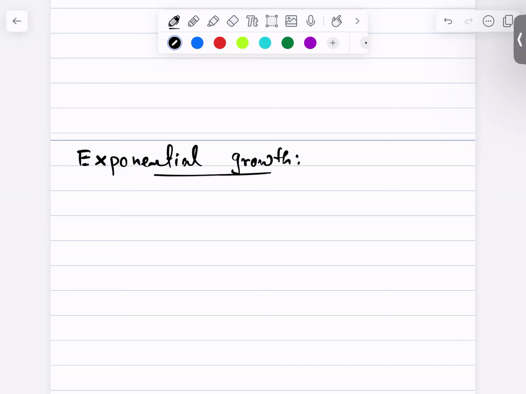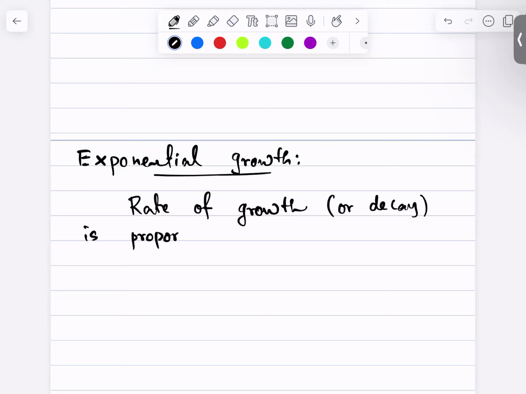When my rate of growth, or say decay, is proportional to the amount of the quantity present, then the growth is called exponential growth.